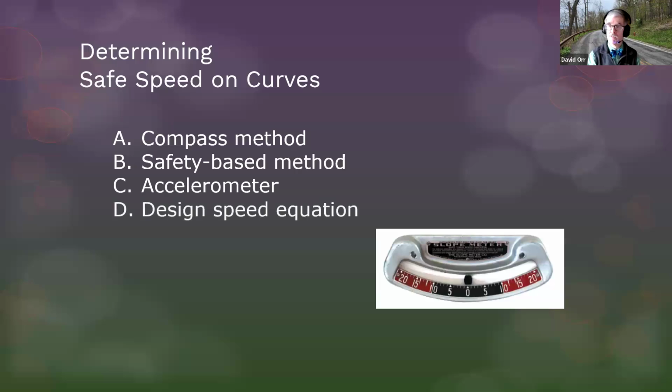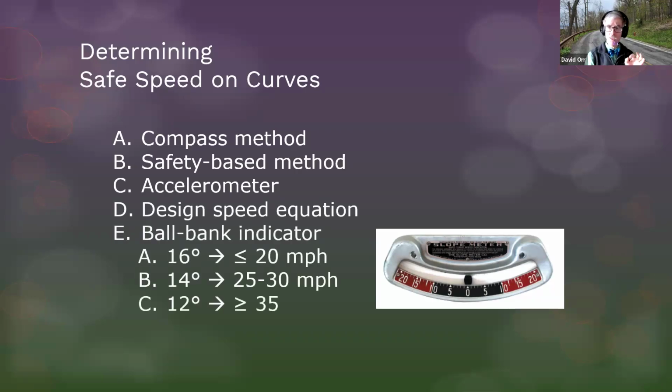There are design speed equations based upon the superelevation of the road and the radius, and of course the ball bank. But they all really come back to that same concept. And with the ball bank, if it's really a slow curve, you're allowed a little bit more deflection because you're not going that fast. I will tell you right now, I'm a big fan of the ones that measure the road directly, the ball bank or the accelerometer-based methods.